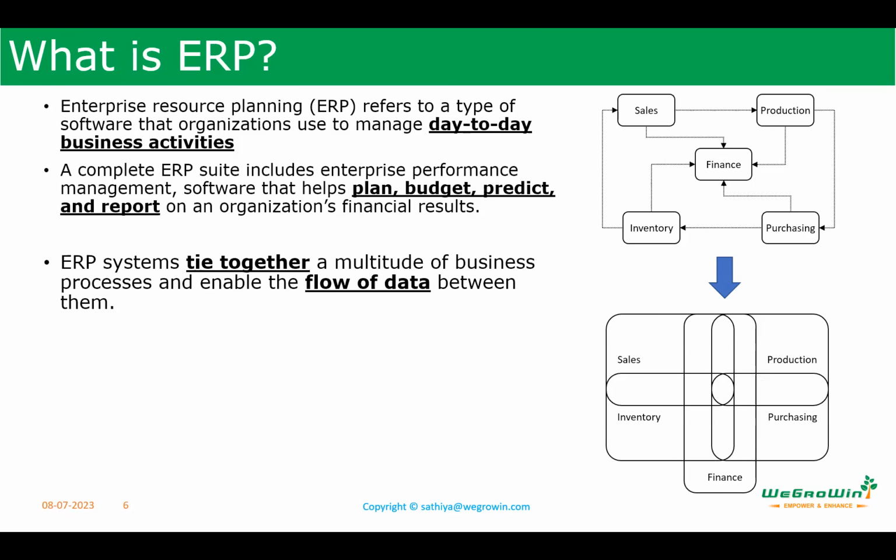They are all integrated. They are not individual modules. For example, if we talk about material master, it contains all the details related to sales, purchasing, planning, quality, costing, everything.